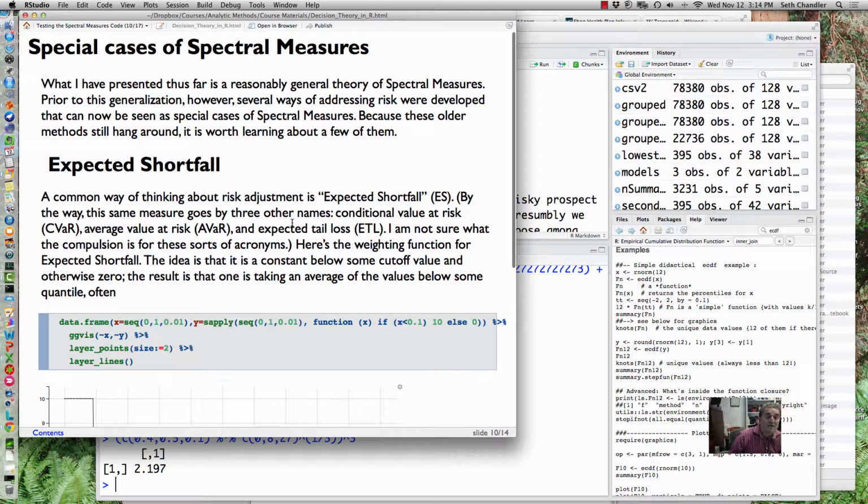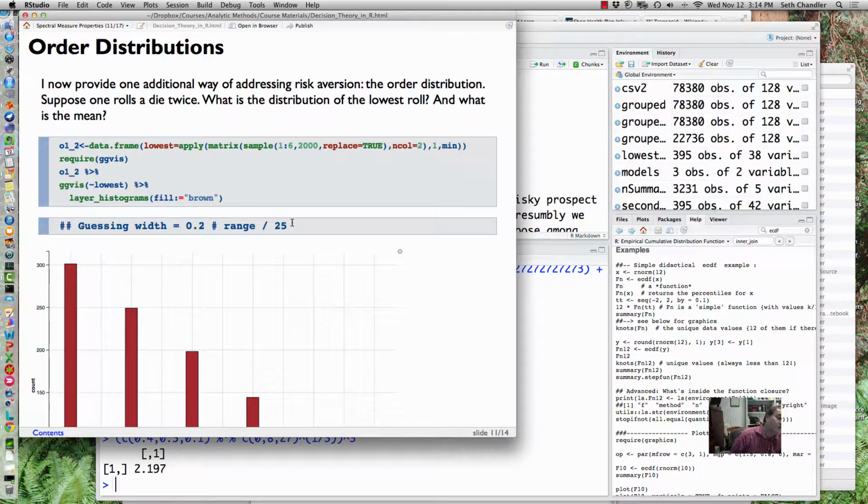All right, we talked about expected shortfall, order distributions. Okay, so here's another way of thinking about risk, and again, it's sort of a cousin of spectral measures. Supposing I have my outcome, and what I always think of is, supposing I rolled my dice twice, what is the distribution of the lowest roll?